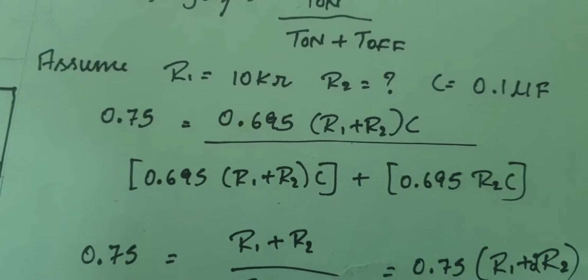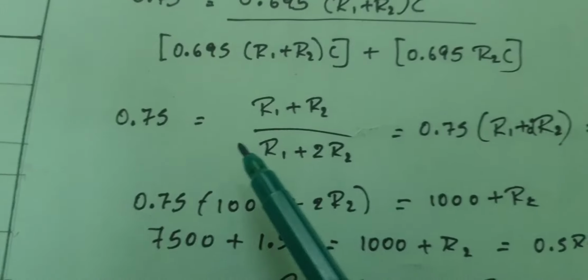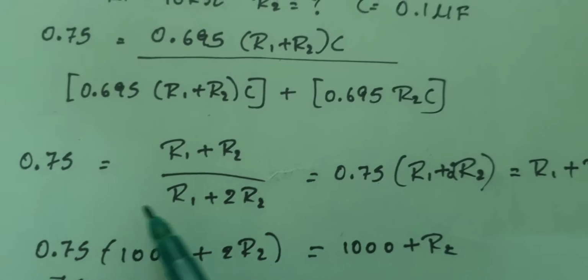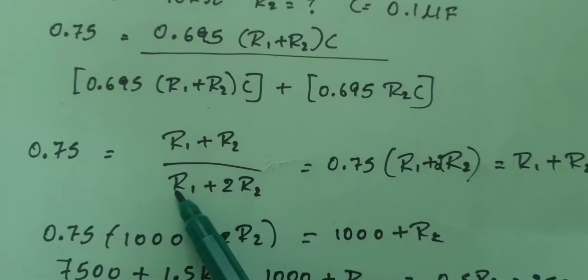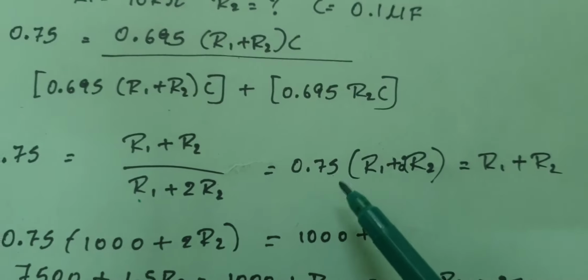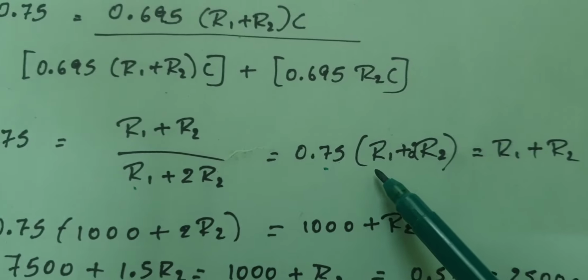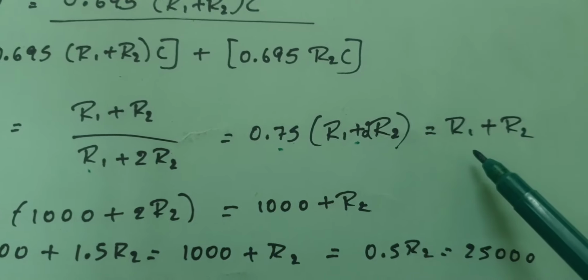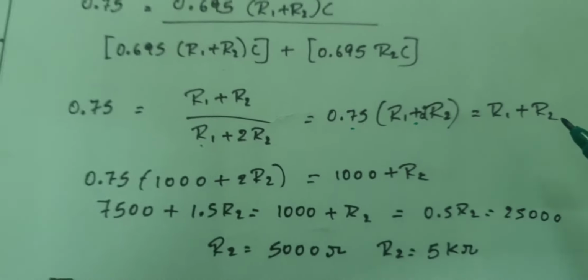Substituting these values, we get 0.75 equal to (R1 plus R2) divided by (R1 plus 2R2), which gives 0.75 into (R1 plus 2R2) equal to R1 plus R2.